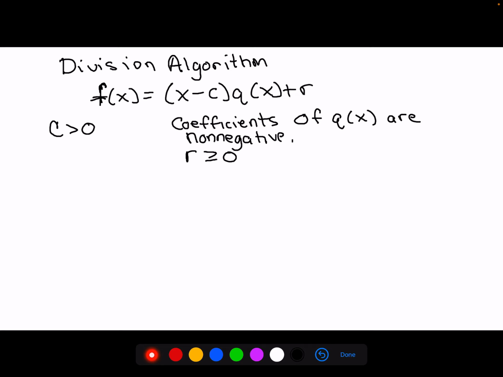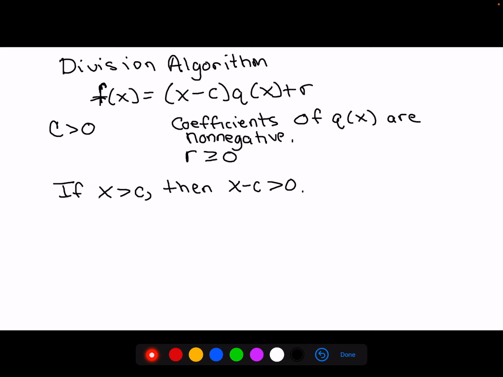then we can also look at, well, if x is greater than c, then x minus c is greater than 0. And we're going to use that to set up our conclusion about why this is true, why f of x would have no 0 greater than c.